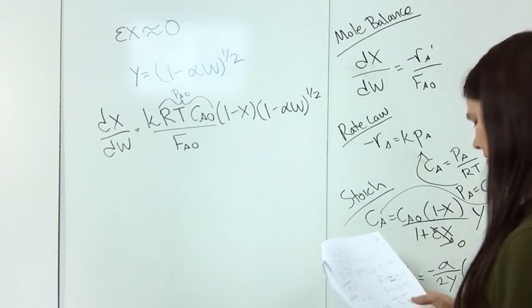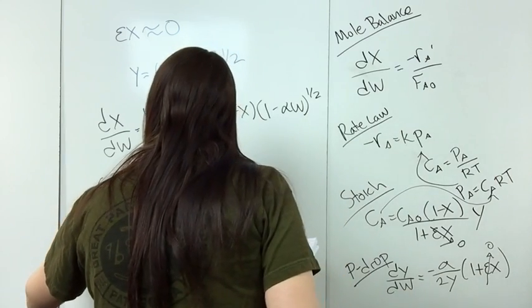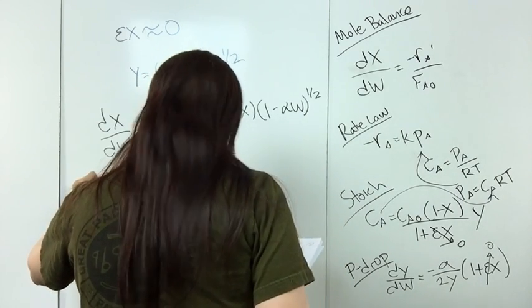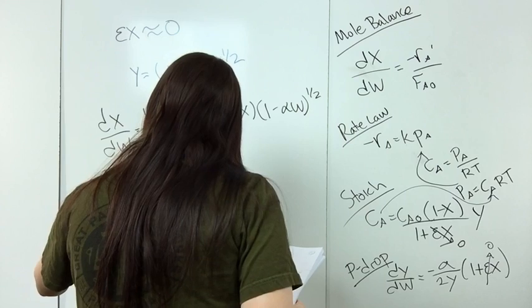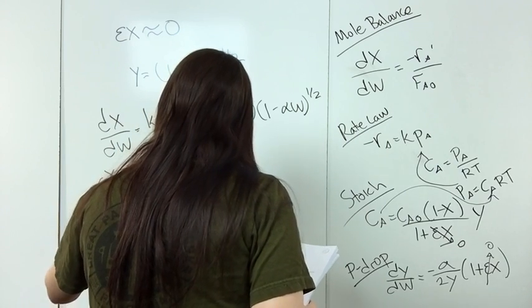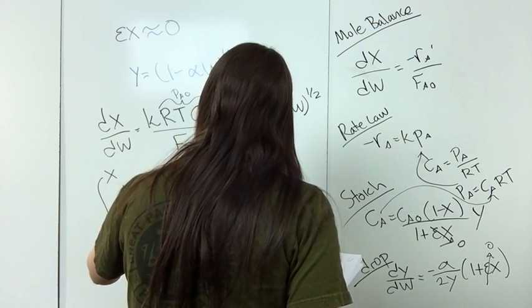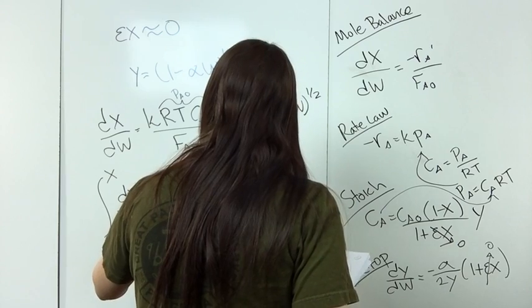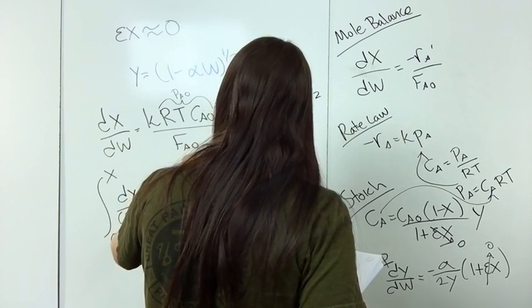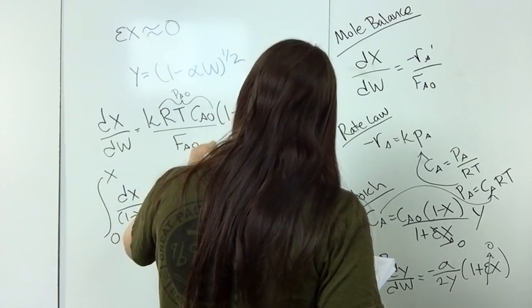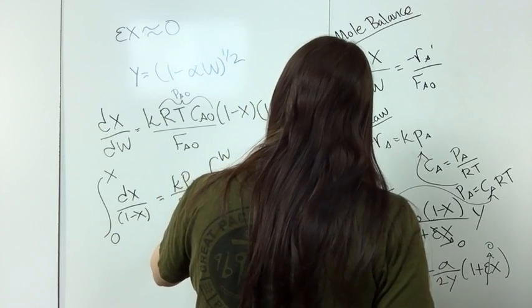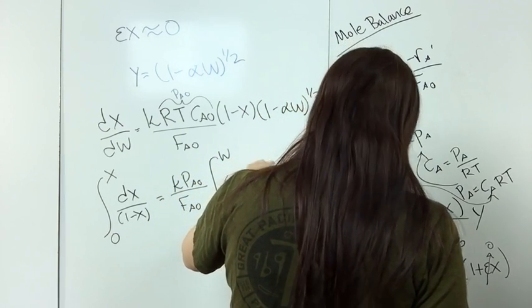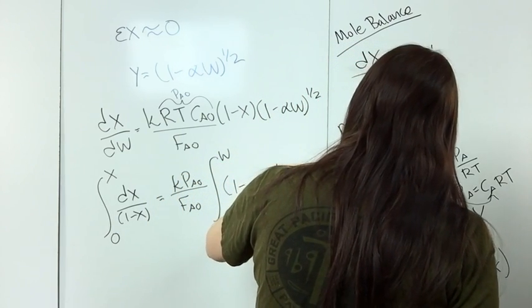Then I want to separate and integrate: the integral from 0 to X of dX over (1 minus X) is equal to k PA naught over FA naught times the integral from 0 to W of (1 minus alpha W) to the 1/2 dW.